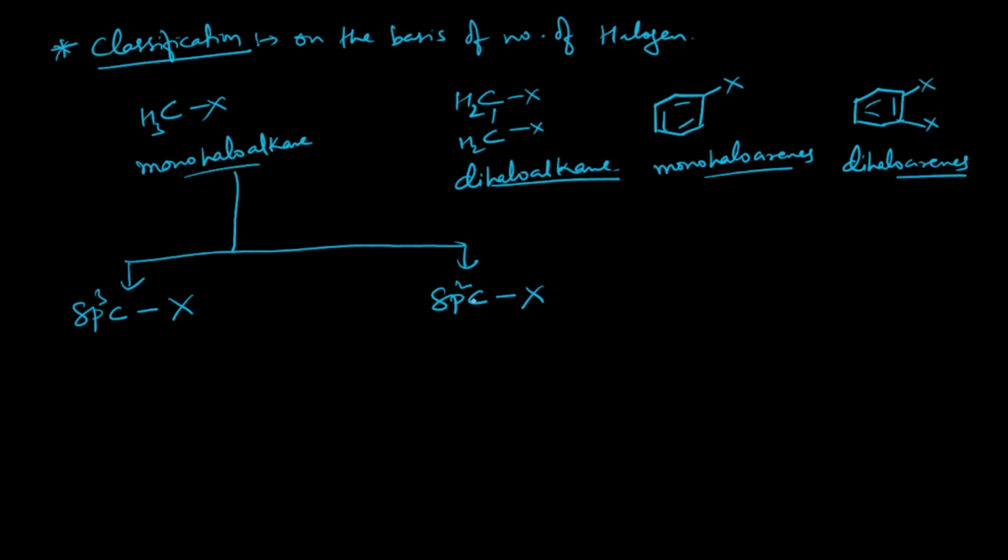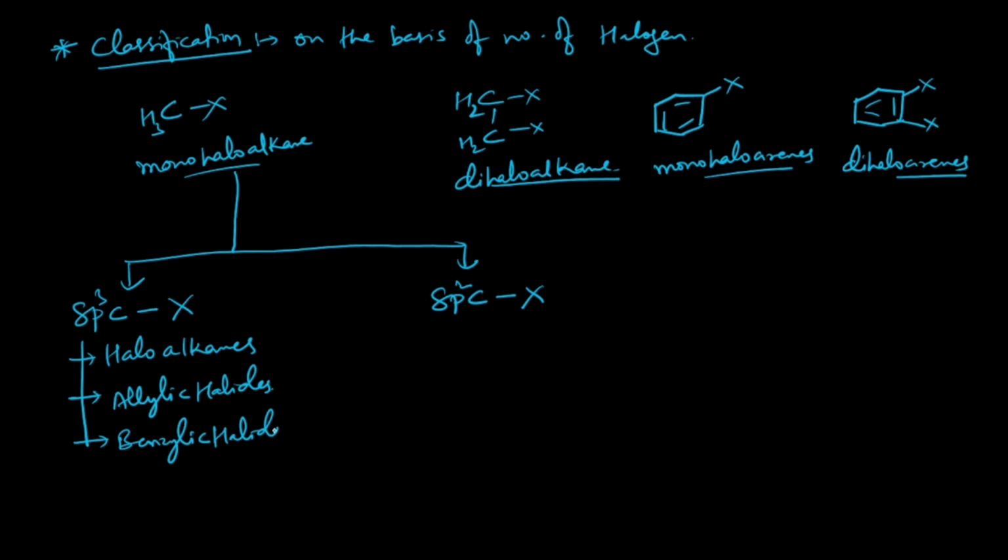This we can further classify. The first one we will call haloalkanes, the second allylic halides, and the third benzylic halides. Haloalkanes means primary, secondary, tertiary, which we know.